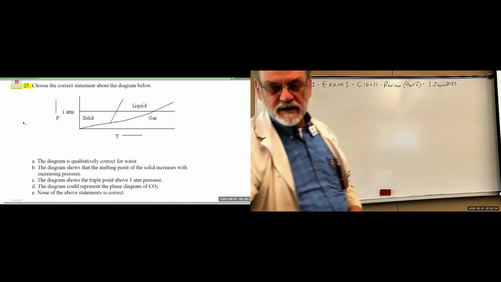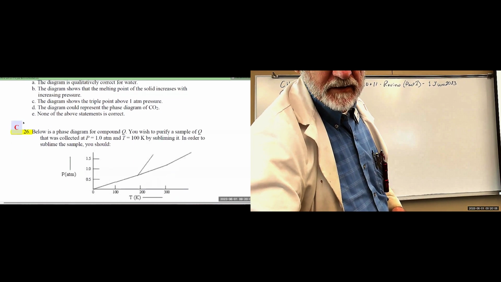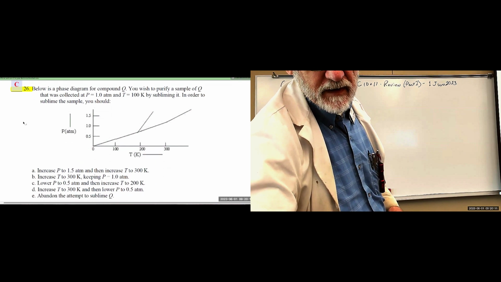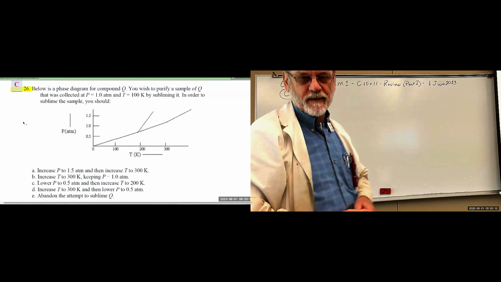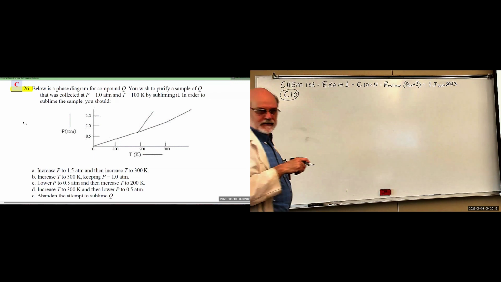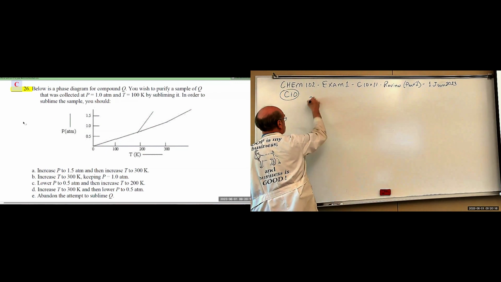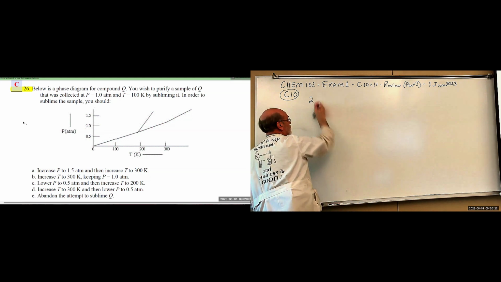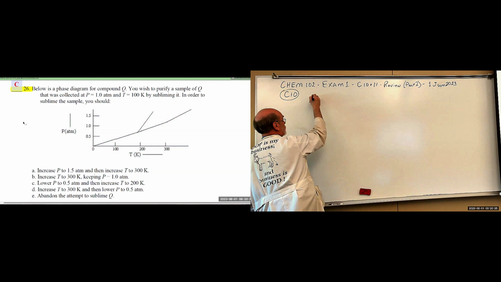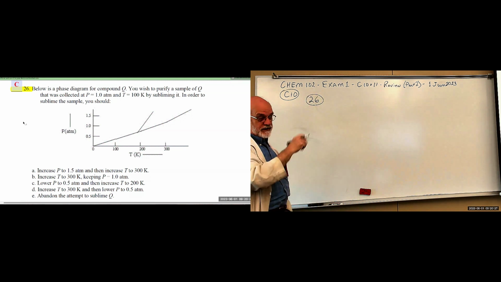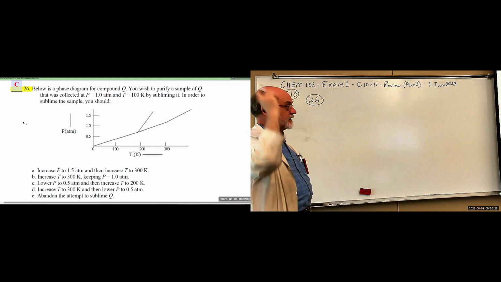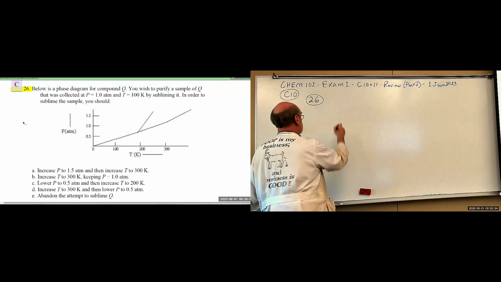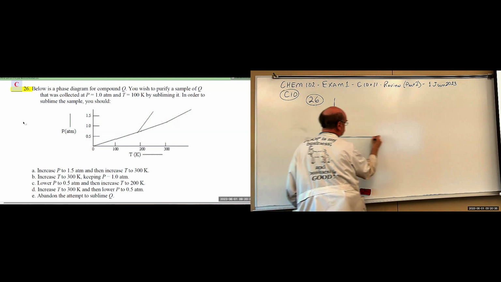That was 25. Oh, another phase diagram. Aren't we lucky? Let's see. Can I get them all on there? Yep. All right. This one has, rather than just a general scale for temperature and pressure with that 1 atmosphere identified, this one actually has values associated with the phase diagram.